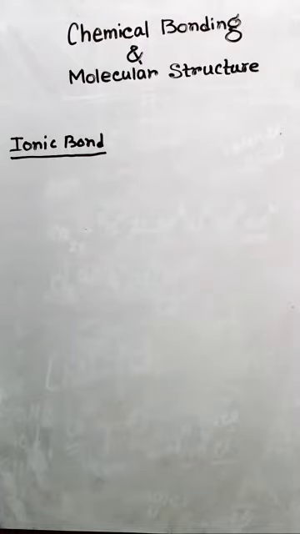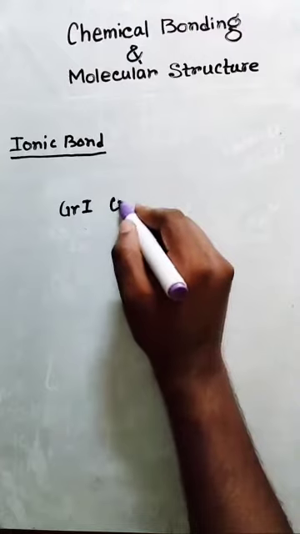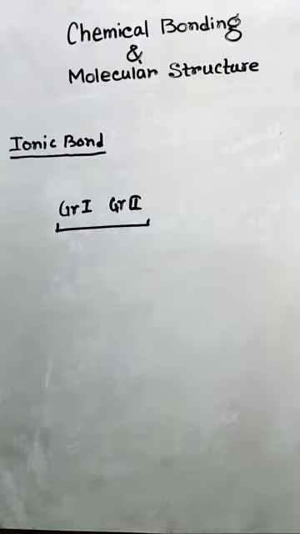In the periodic table, the group 1 and group 2 elements, that is alkali metals and alkaline earth metals, have lower ionization energy because they easily remove their valence electrons.